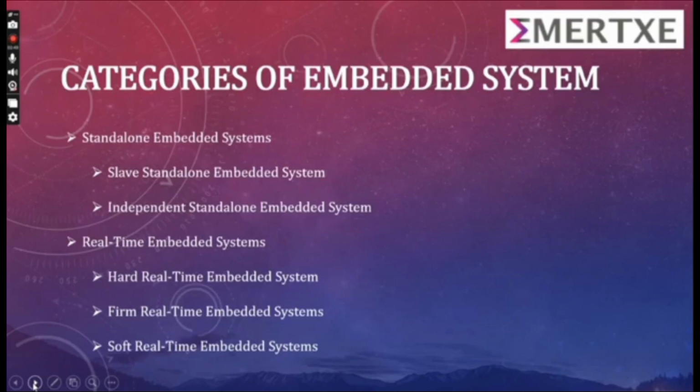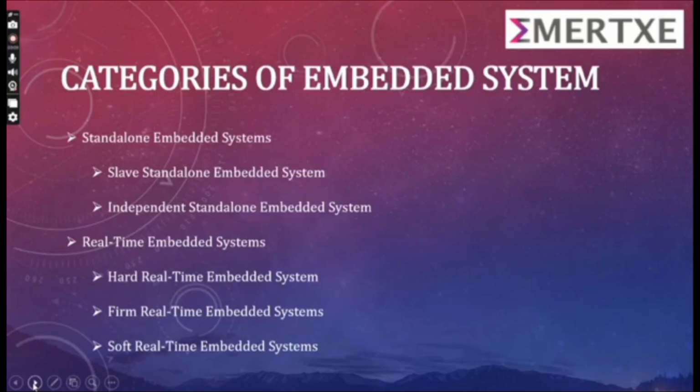Let's go deeply into the categories of embedded systems. First is standalone embedded system. Those are embedded systems that work by themselves and do not require any host system. They can be divided into slave standalone embedded systems and independent standalone embedded systems.